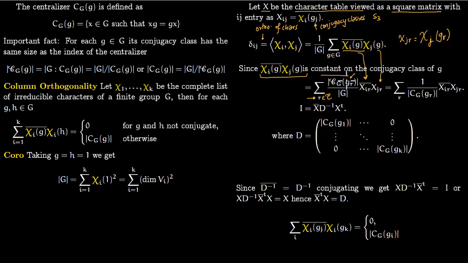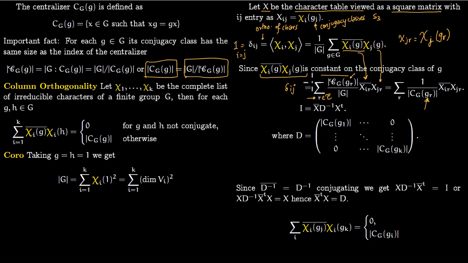Now this is precisely the size of the centralizer, and that's what we are using here. So just taking reciprocals here, you get the size of the centralizer here. Now this is again delta_ij, which is 1 for i equals j and 0 otherwise.